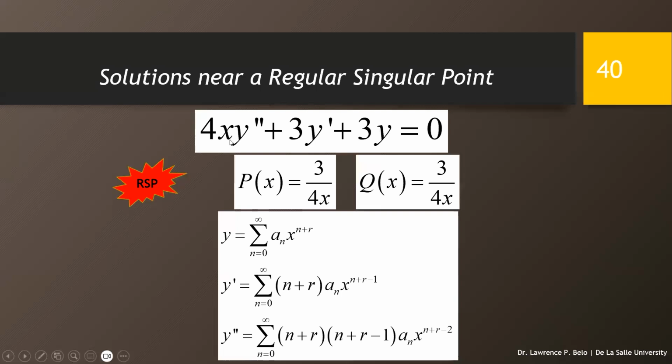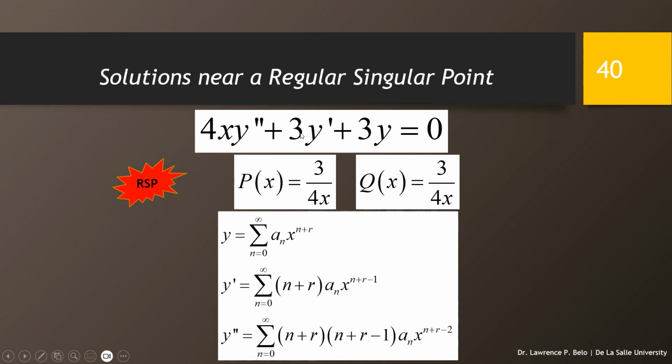You know just by looking that there is another variable beside y double prime. So that means this one would have a singular point, not just an ordinary point. What's the singular point? What will make the y double prime coefficient 0 if x is 0? So that means 0 is a regular singular point.